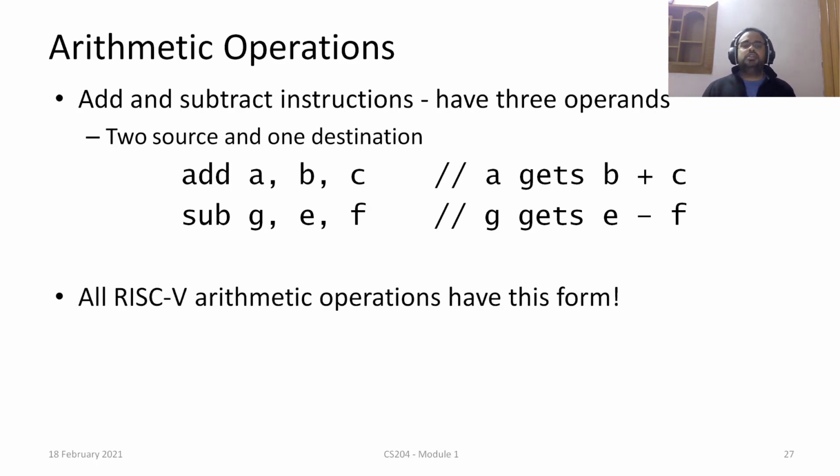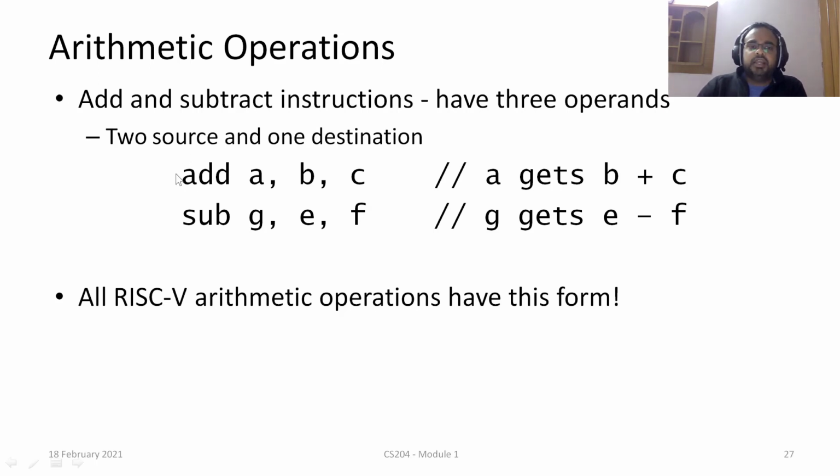Like I mentioned, all the RISC-V arithmetic operations have this form where they have three operands, two source and one destination, and the destination operand is mentioned first, like A here, and the two source operands follow that. And in the format you also see the operation that needs to be performed.